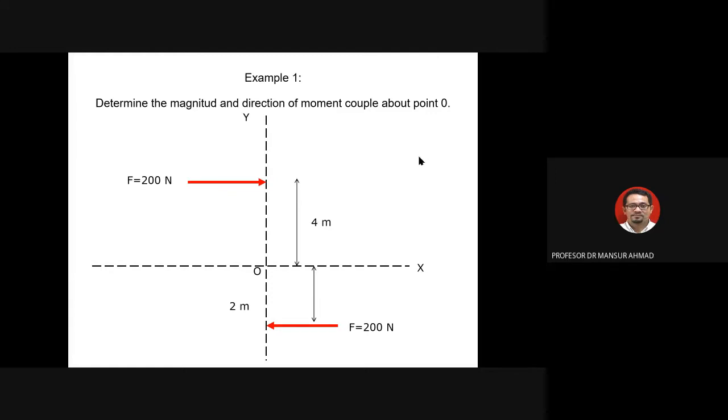I'm going to use a tool like this because this is a moment couple. This is how I imagine. Mungkin tak ada, tapi this is how I imagine a tool like this. Kalau ada pun mungkin dua-dua shaft ni sama panjang. Tak ada yang satu panjang, satu pendek, tak ada. So this is how I imagine. When I have this imagination, a simple one, I can appreciate this case.